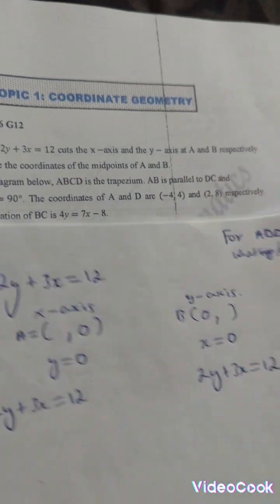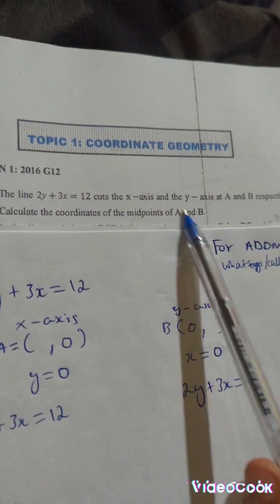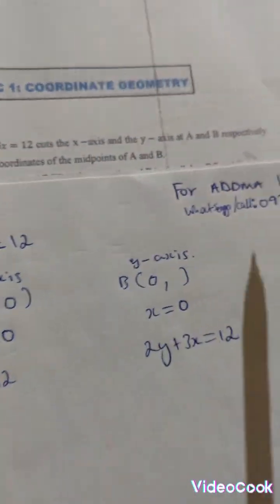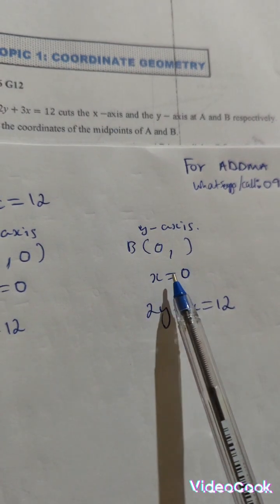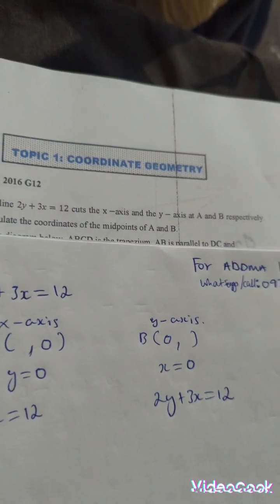So we all know that if it cuts the x-axis, y is always 0, then on the y-axis x is always 0. That is according to the rule of coordinate geometry.